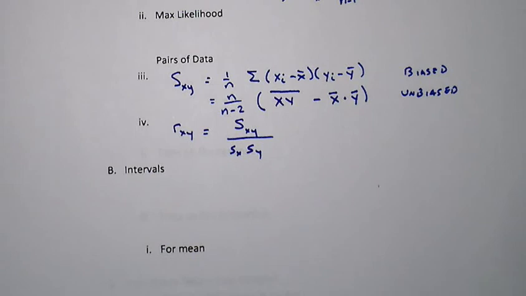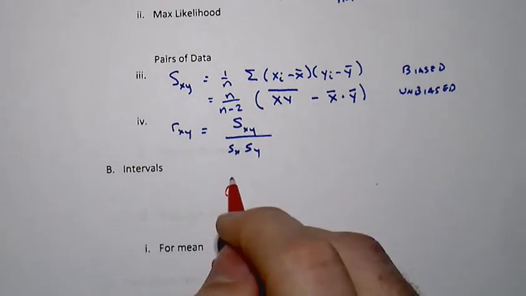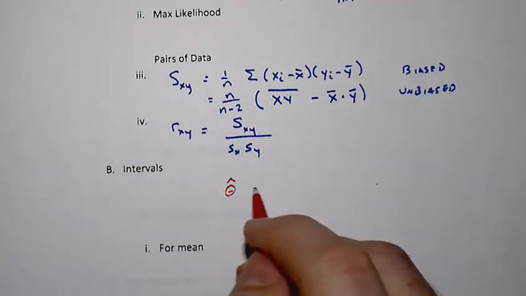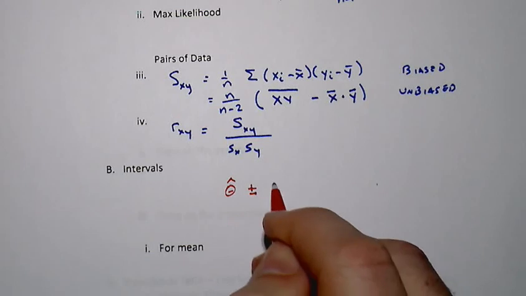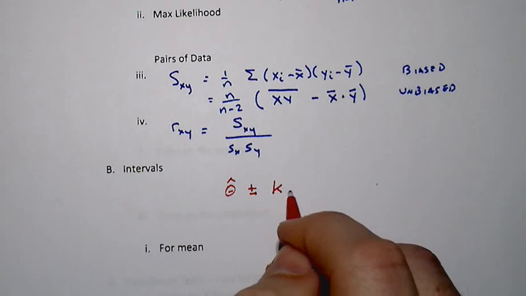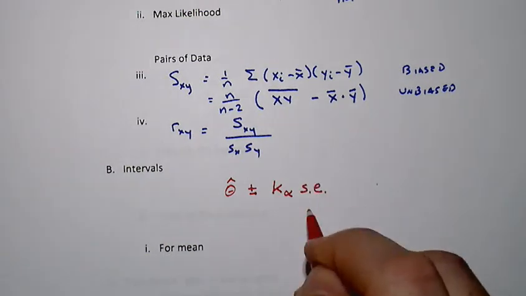Right, now when it comes to intervals, remember that the basic overall format for these confidence intervals was the idea that if, let's say it's two-sided, we have some estimator from the sample data, and then plus or minus some multiple that was associated with, say, K sub alpha, and then we'll have some sort of estimate of the spread or the standard error, depending on what it is that we're working with.